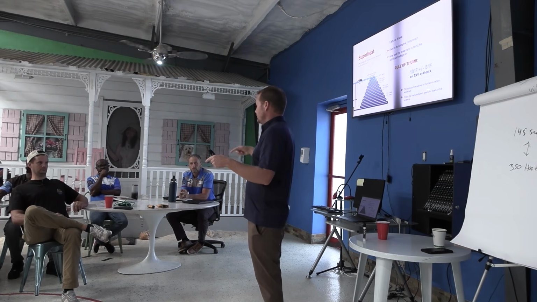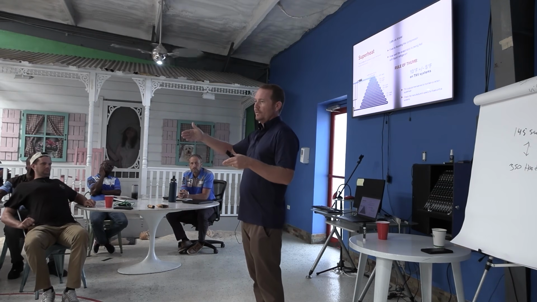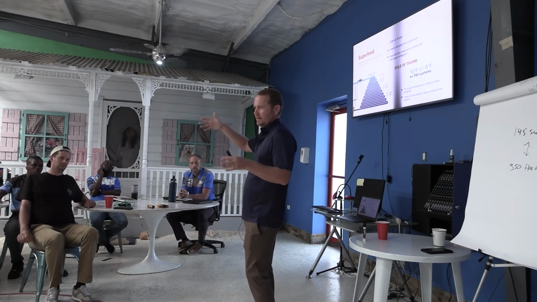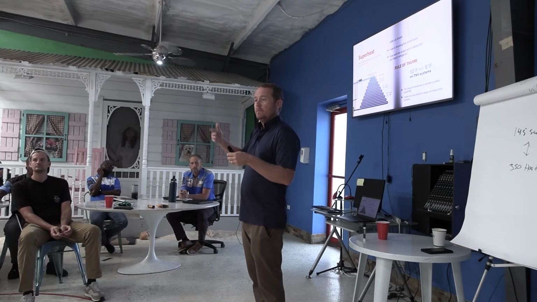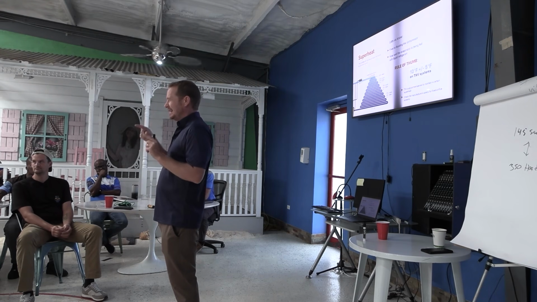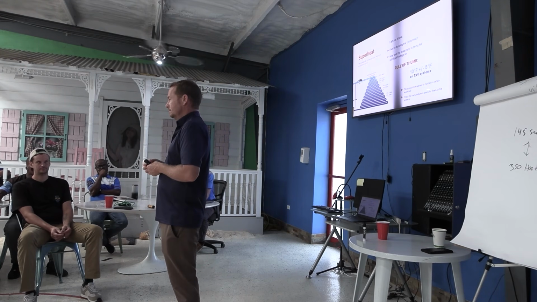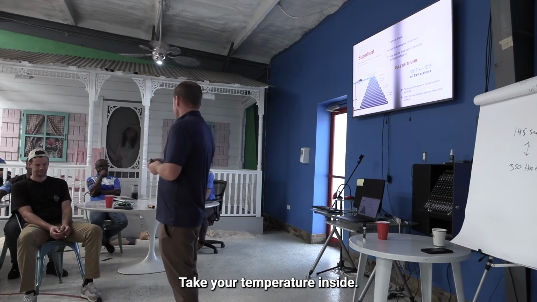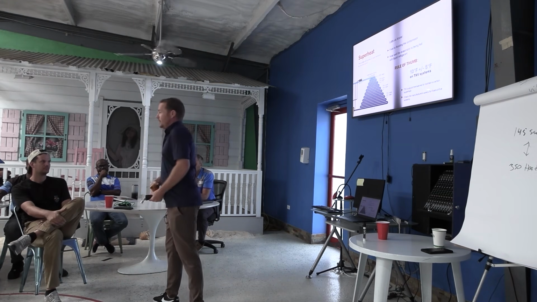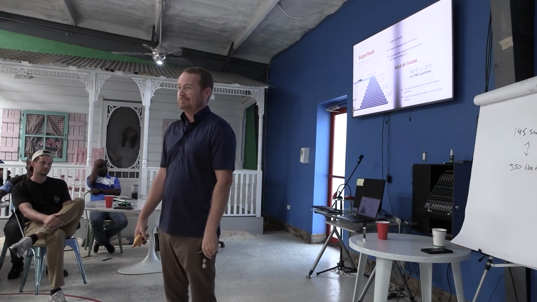Now, if the line set's only 15, 20, 25 feet long, we kind of know that it's going to be pretty much the same temperature inside as it is outside in almost every case, right? So we can kind of go with that. But when in doubt, if you're seeing a high superheat and you suspect it's because of how long the line is, what do you do? Check the temperature inside. You take your clamp, because you're measuring out there at the condenser, and you're like, oh man, my superheat's 25.